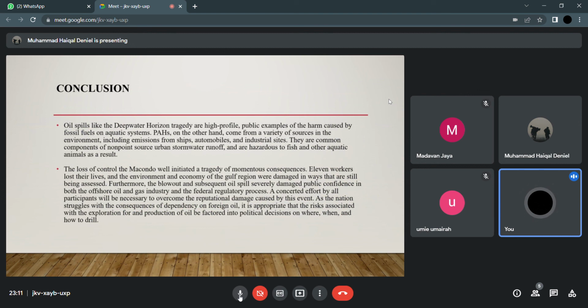They are common components of non-point source urban stormwater runoff and are hazardous to fish and other aquatic animals as a result. That's all from me. Thank you.